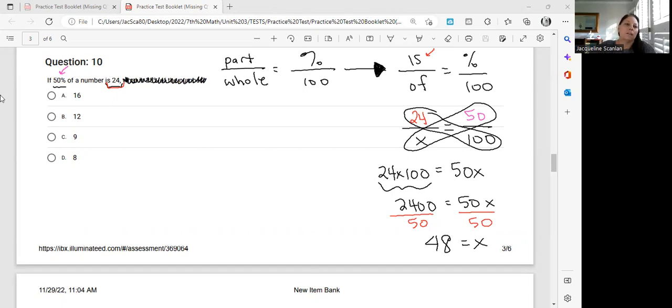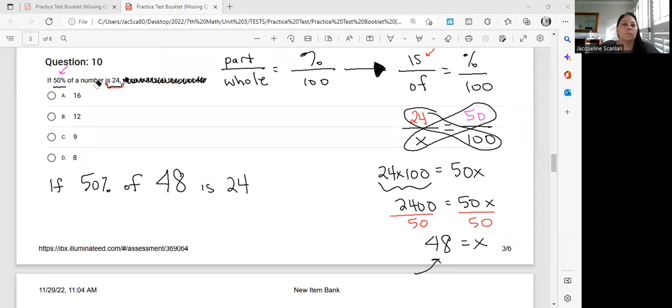You can see that number may appear here, but I shouldn't pick it because I didn't finish the question. The question says, if 50% of a number is 24, I can now rewrite that as if 50% of 48 is 24, and that makes sense, right? Half of 48 is 24.